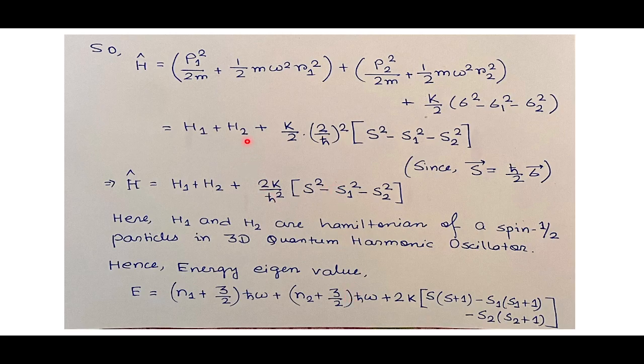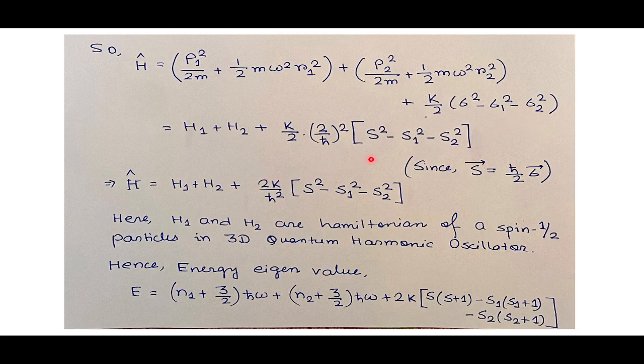Now we will rearrange the terms in the Hamiltonian. P1 square by 2m plus half m omega square R1 square is the momentum and spatial part of the first spin half particle, and the second is the same thing for the second spin half particle. The third term is the spin interaction, where we have substituted the dot product in this form for ease of calculation.